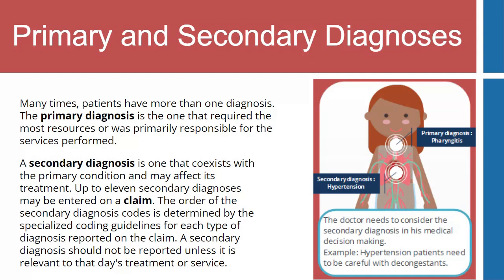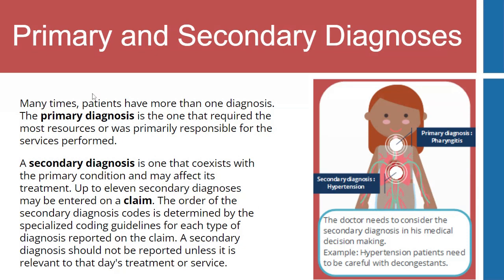So secondary diagnosis, there are going to be other things that the patient has going on, right? Or as it says here, that coexist with the primary condition. Okay. So one of the things that you will need to know, for those of you who are going to be taking a certification exam, there is a question that asks how many diagnosis codes can go on a claim form, and there can be 12 codes altogether.